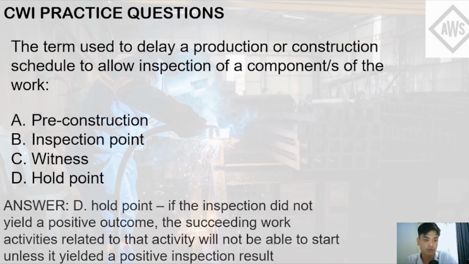So what's the impact of a hold point? If the inspection did not yield a positive outcome, the succeeding work activities related to that activity will not be able to start unless the test yielded a positive result. For example, the welding inspector may need to inspect first the weld joint preparation done by the fitters or the welder itself before proceeding with the root pass, the hot pass, etc. So he may indicate in the inspection procedure or the test plan that the inspection for the joint preparation is a hold point.